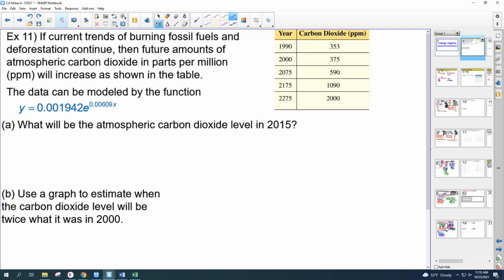Next, if current trends of burning fossil fuels and deforestation continue, then future amounts of atmospheric carbon dioxide in parts per million will increase as shown in the table. The data can be modeled by this function. What will be the atmospheric carbon dioxide level in 2015? In this question, all we're doing is taking this number and plugging it in for x.